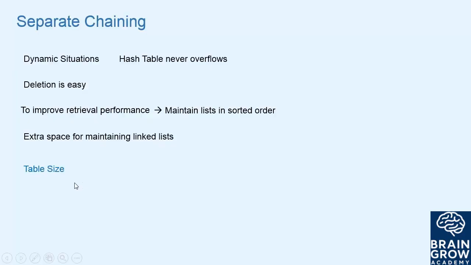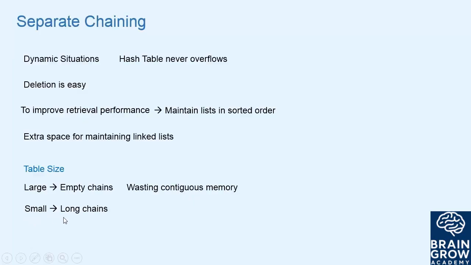Now let's see how to choose the table size in separate chaining. This method is generally used in cases when the number of records is not known in advance. So the choice of table size depends on the memory available. If table size is too large, then there will be many empty chains, thus wasting large area of memory.